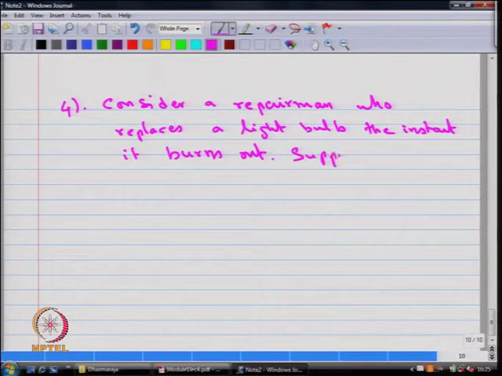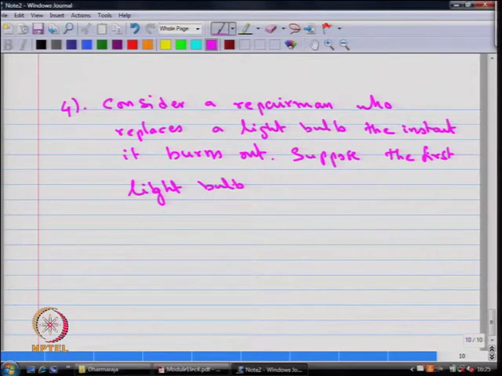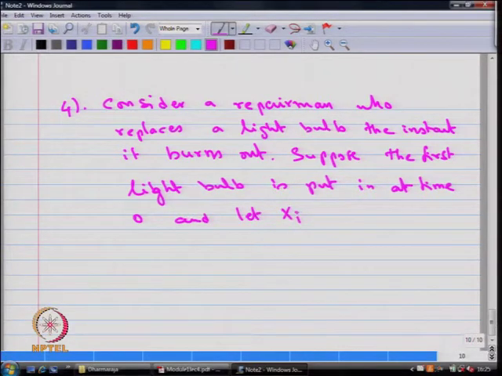Suppose the first light bulb is put in at time 0 and let Xi be the lifetime of the ith light bulb.